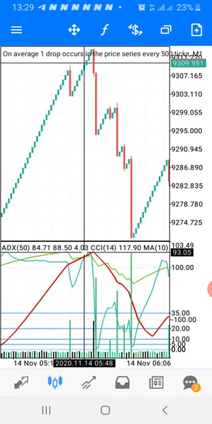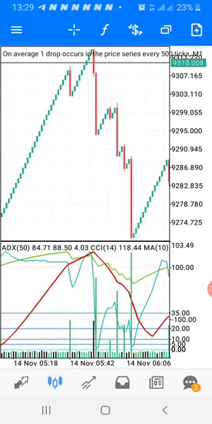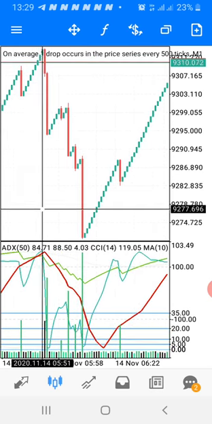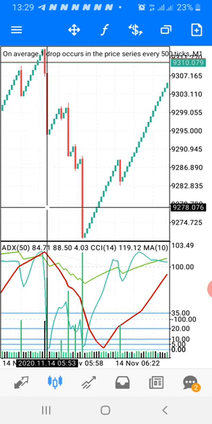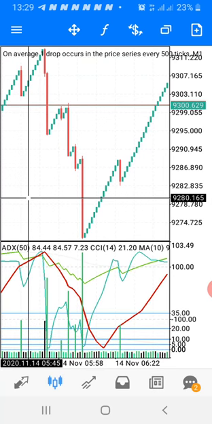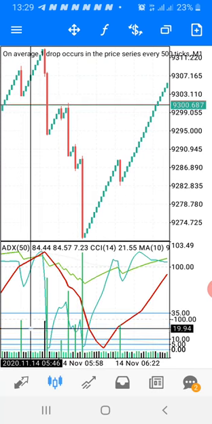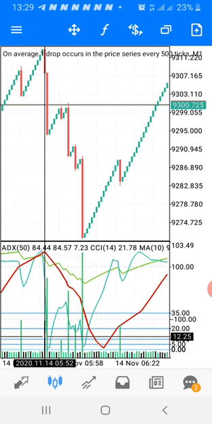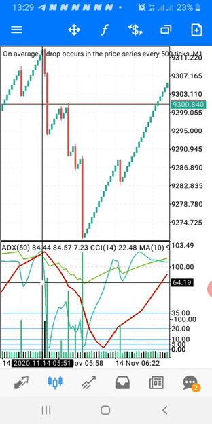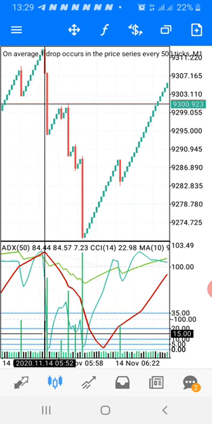And something to note is that when you catch a spike like this, and the next candle is a black candle, just like this black candle, you understand?